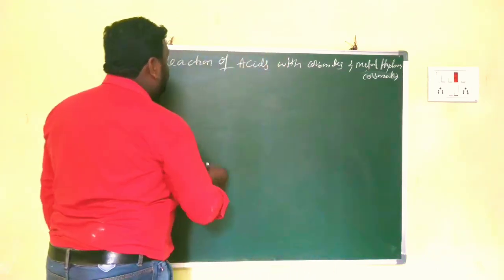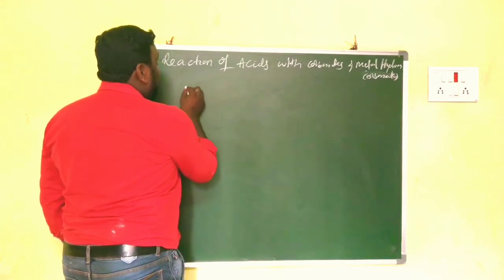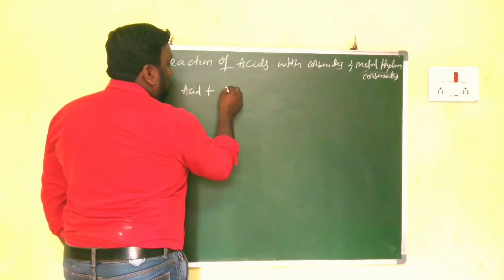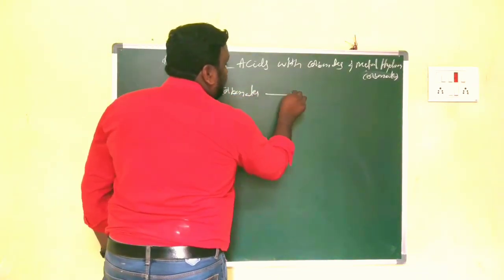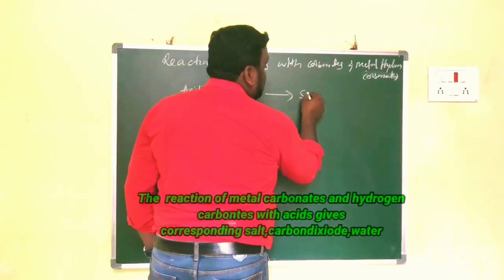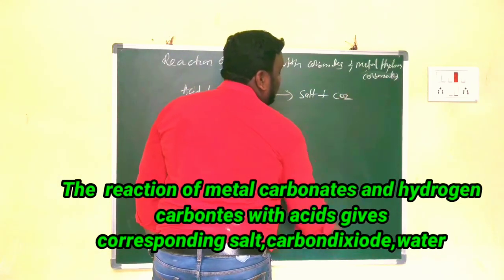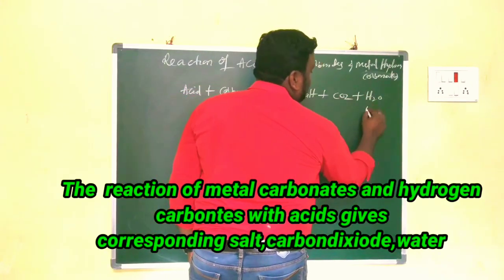So the general equation I am writing first, before going to explain the topic. Acid plus carbonates can produce salt plus CO2, carbon dioxide, plus water.